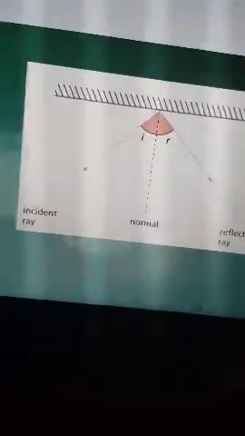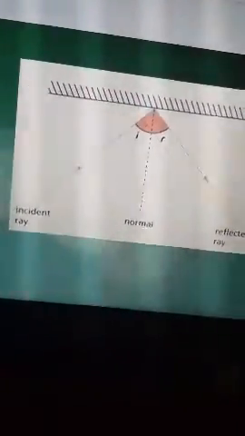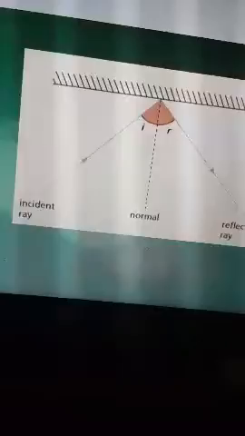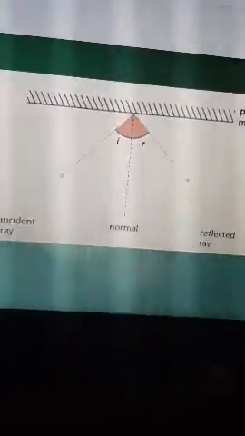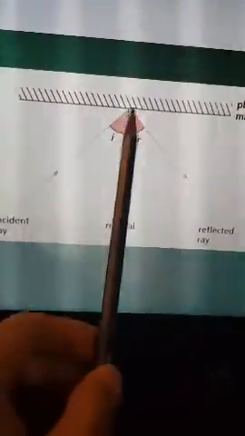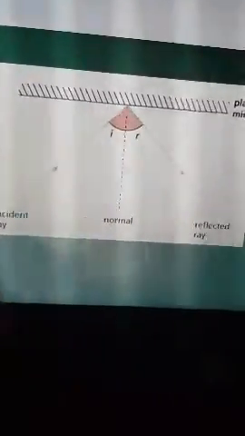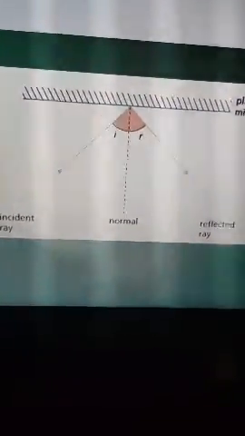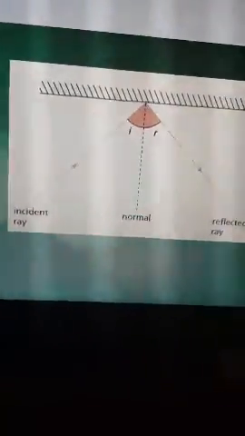What is this normal? This is an imaginary line. Now, when you look at a mirror, you don't see this line, but it is perpendicular to the reflecting surface. So for the mirror, it is the line that is perpendicular to the mirror. In this case, where is the perpendicular line? Here it is. This is the normal, okay? What do we want this normal for? To measure the angle of incidence and angle of reflection.